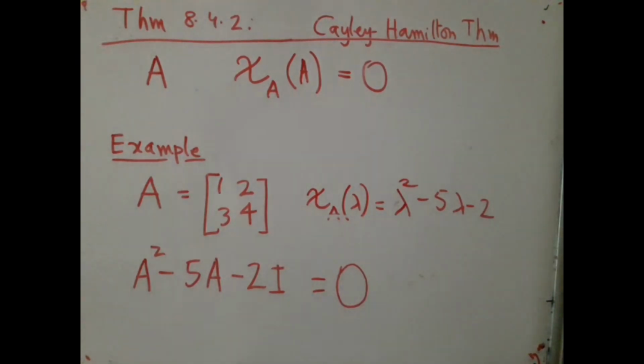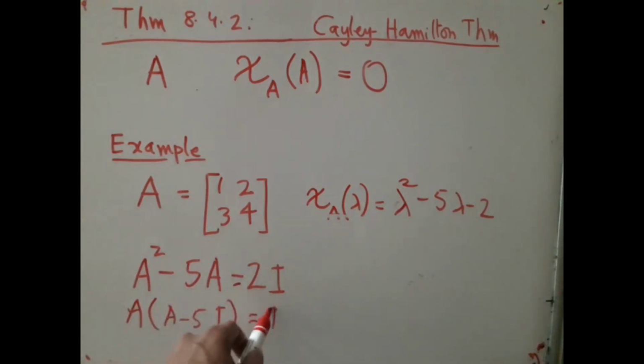Now we are going to prove this, but before that, just observe what's the use of the Cayley-Hamilton theorem. There's not much use. It's just a fun theorem. So one use is that you can compute the inverse quite easily from this by just taking this 2I on the other side. So you take A times (A minus 5I), and that is twice I, so bring that 2 on this side.